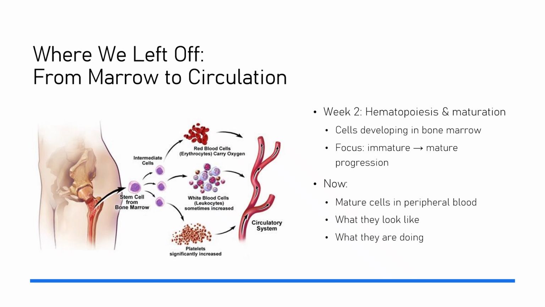So instead of identifying a myeloblast versus a promyelocyte, we're identifying things like neutrophils, lymphocytes, monocytes, eosinophils, and basophils. And in the laboratory, when we examine a peripheral blood smear, we're essentially seeing a snapshot of what the immune system is doing at that moment in time. That distribution of cells can provide valuable clues about the body's physiologic state.